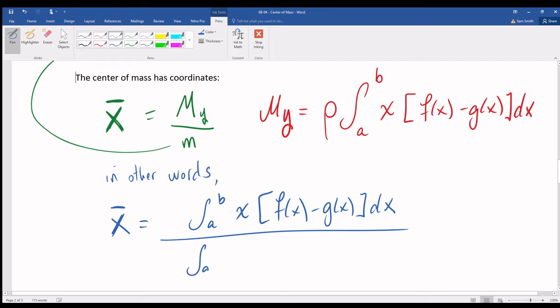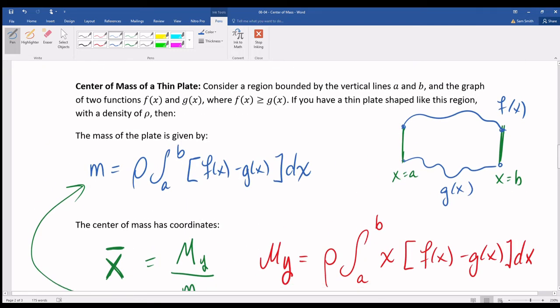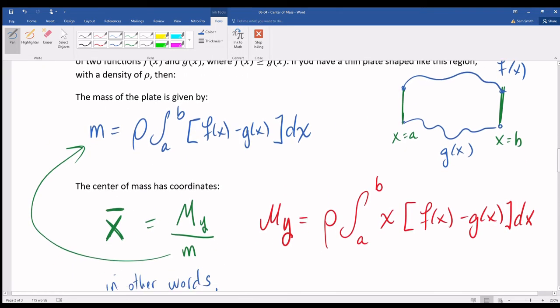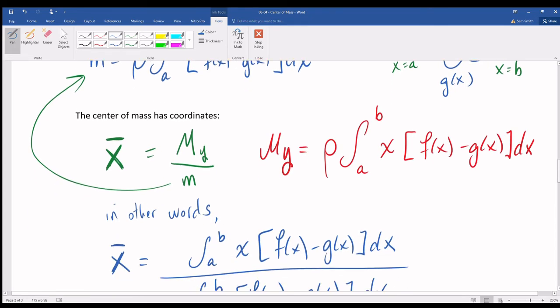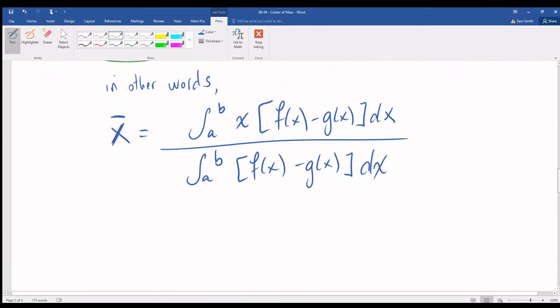And you can divide that by the integral from a to b of the same thing, except without x in the integrand. Notice that the rho that appears in m sub y and the rho that appears in m will always cancel each other out if you put them in a ratio like this.